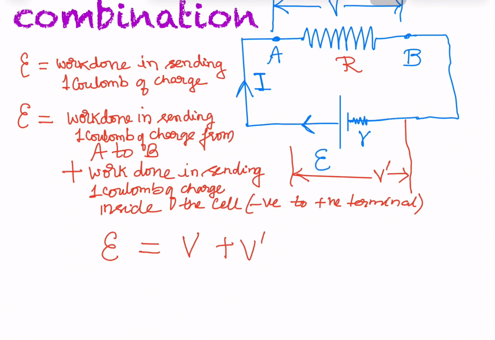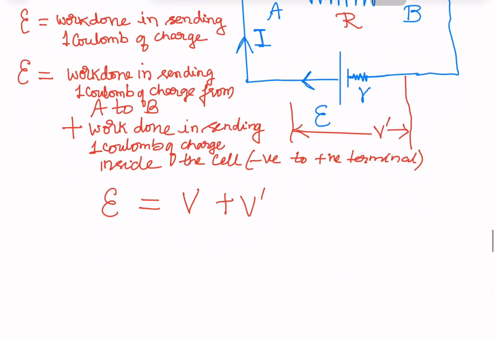V is called the potential drop across AB. V dash is the potential drop across the cell. So the potential drop is nothing but the work done by the cell to drive 1 coulomb of charge in the external circuit and inside the cell. Ohm's law gives the relation between external potential drop V and the resistance of the alloy wire resistor as V is equal to IR.